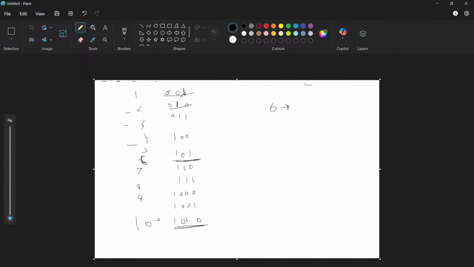So the bits here will be exactly 1 2 3. It will be 3 2, so it will be 6 modulo, 6 divided by, integer division of 6 by 2 will give me this bit place.